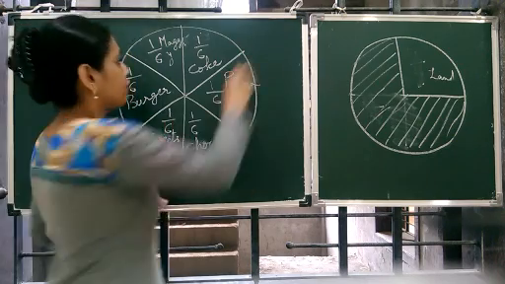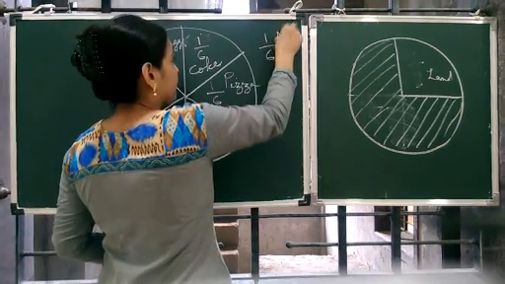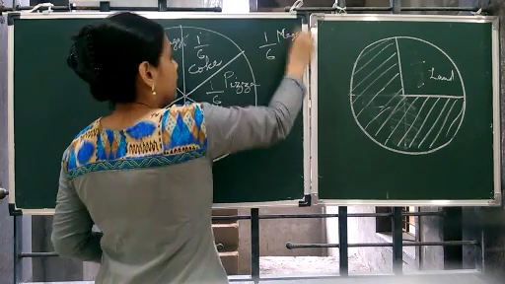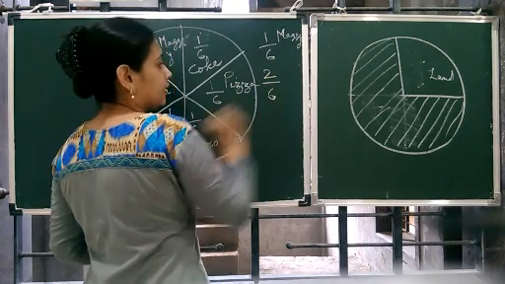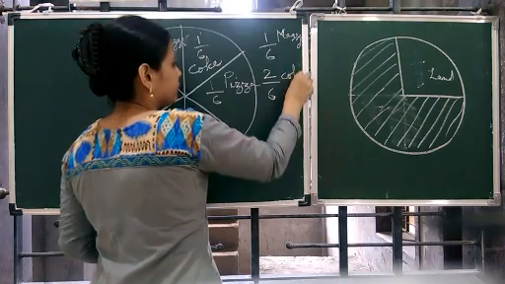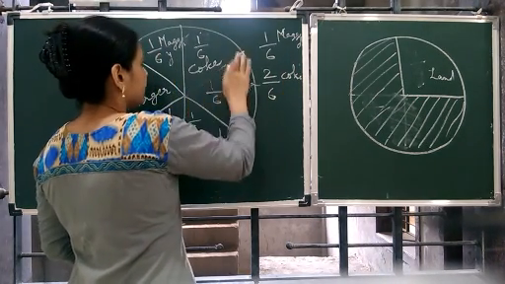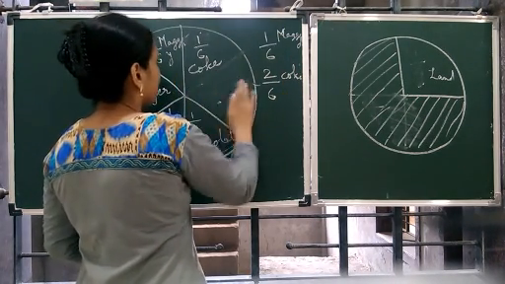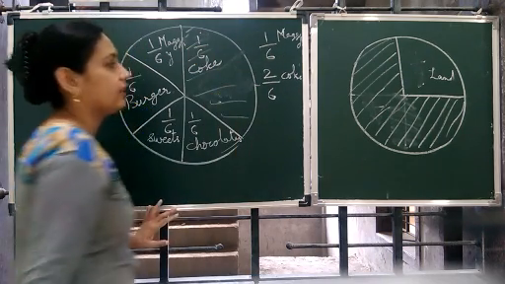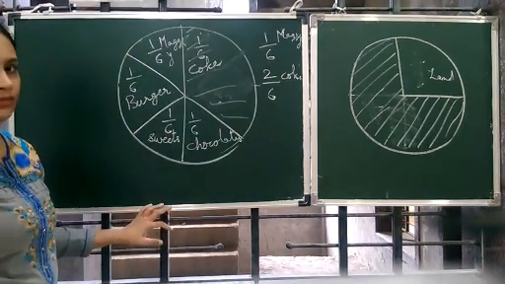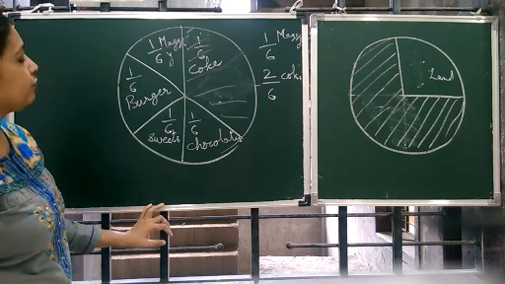Now suppose 1/6 part like Maggie. Let's say 2/6 parts like Coke. 2/6 parts means this much part comes to Coke. This much part of the children love Coke. Clear?